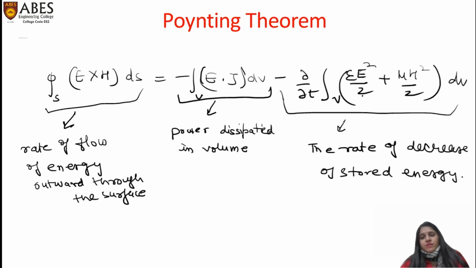Both together represent the stored energy, and the whole term represents the rate of decrease of stored energy. So this is nothing but the Poynting theorem. And when we derive Poynting theorem, it is very necessary to write what each term is representing. Without that, the Poynting theorem will not be complete.